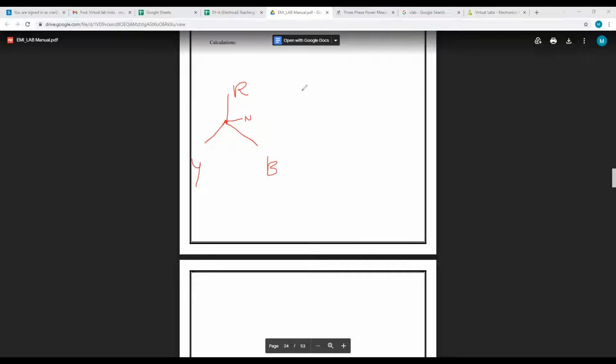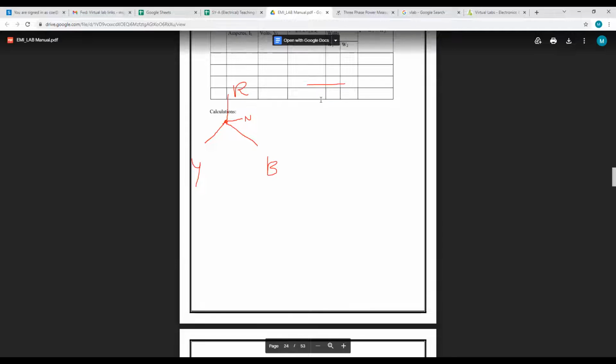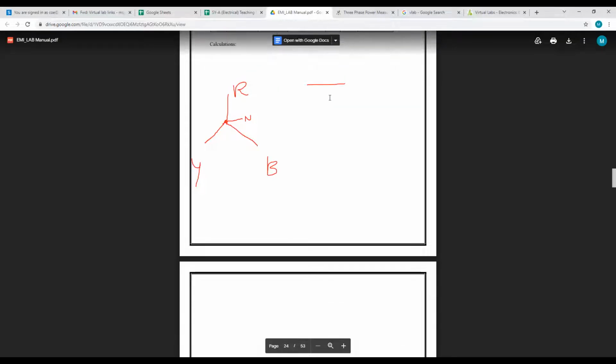How many lines are there here? 3 lines are there: R, Y and B. How many ends are there for each phase? 2 ends are there.